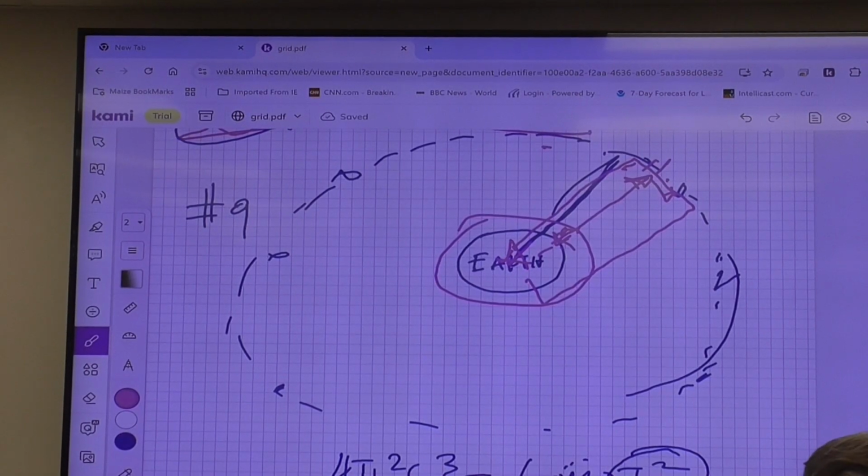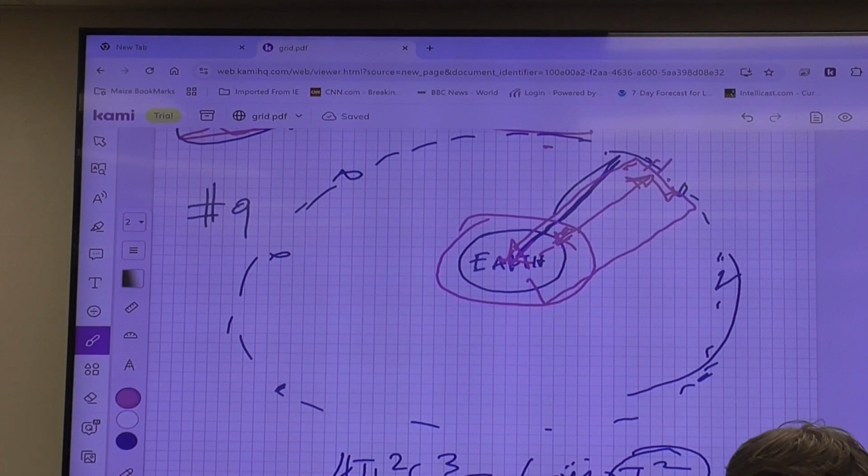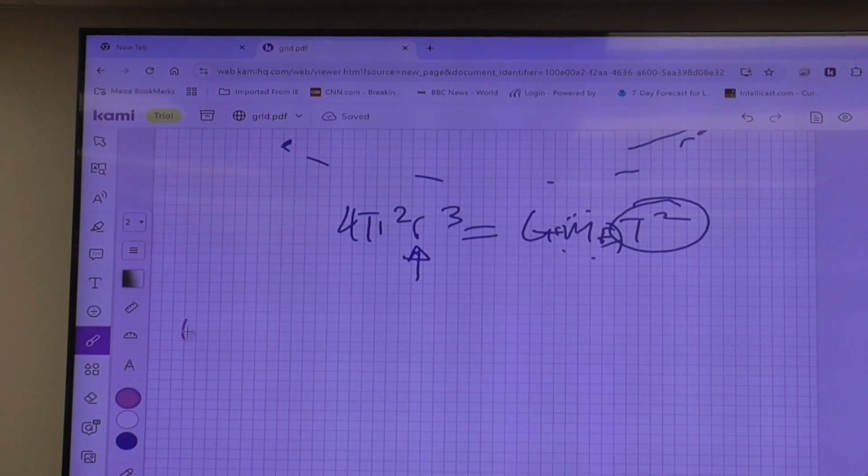When you get to some problems out of the book, let me give you some hints. When you get to, I think it's 57. Yes, when you get to number 57, let me give you a visual on 57.